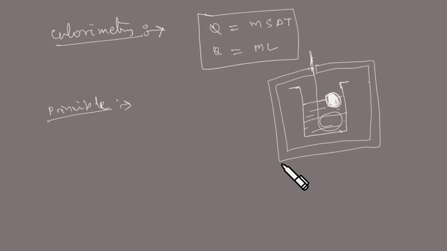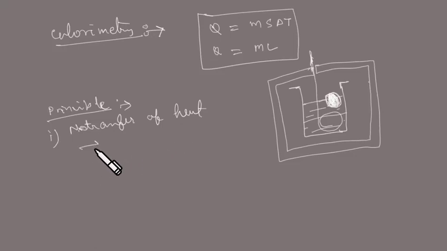Now, there are of course some principles to be followed in this calorimeter. What are the principles? First principle is no transfer of heat with the surrounding.